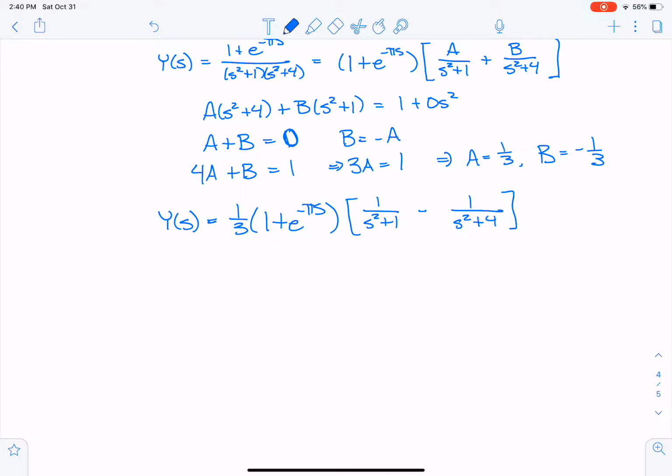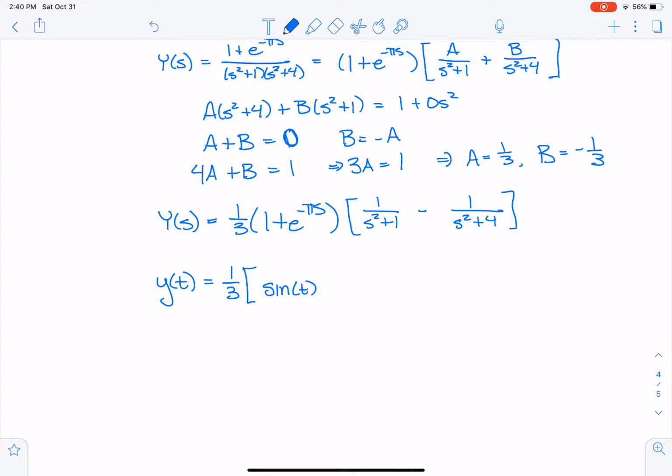So we're going to find the inverse Laplace transform to solve at the end. So that's going to be a 1/3. Now my first term is going to be 1 times 1 over s squared plus 1. If I take the inverse Laplace transform of 1 over s squared plus 1, that's going to give me a sine of t.